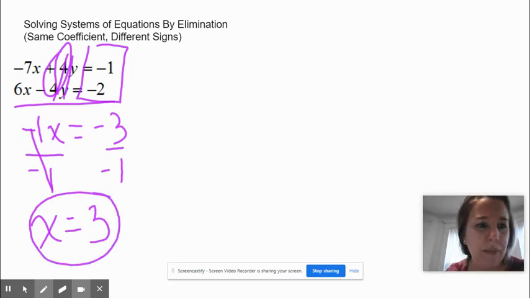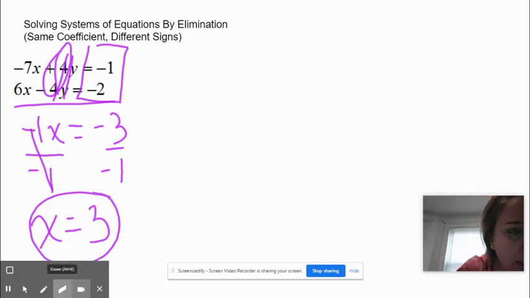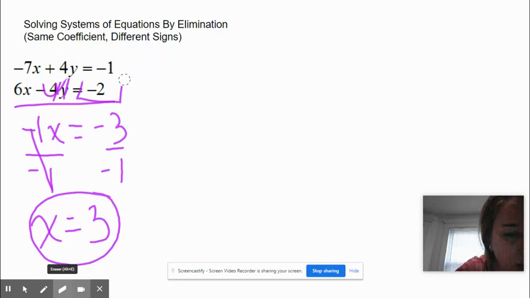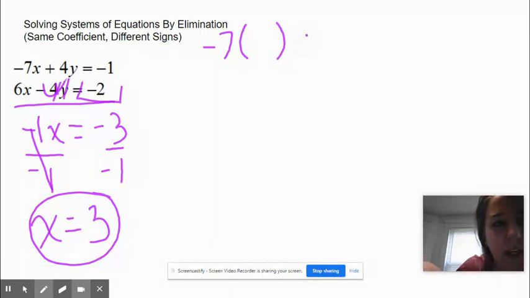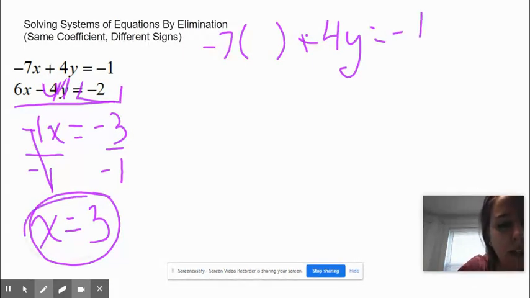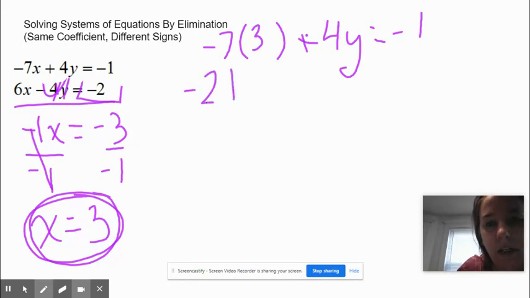Now we need y. So I'm going to go with the top one just because it doesn't matter. Negative 7, x I'm going to plug in, plus 4y is negative 1. I'm going to take the x that I found, plug it in. Cool. Negative 21 plus 4y equals negative 1. Ew.